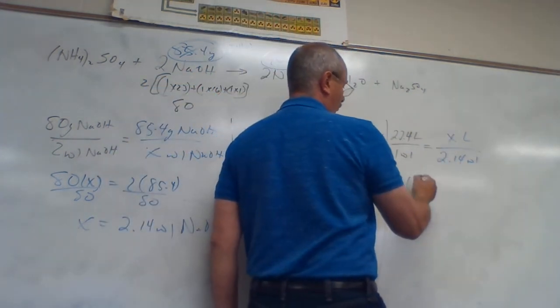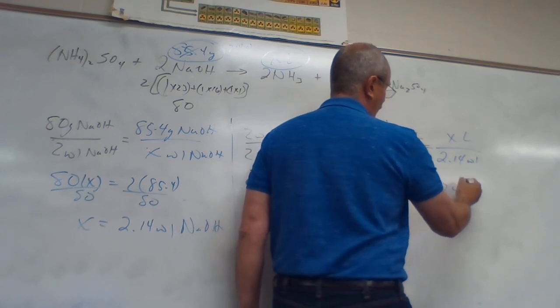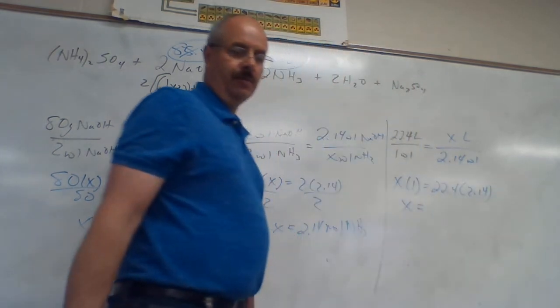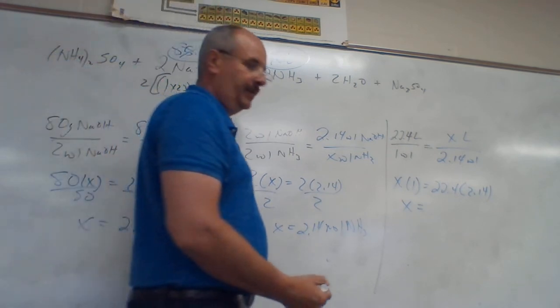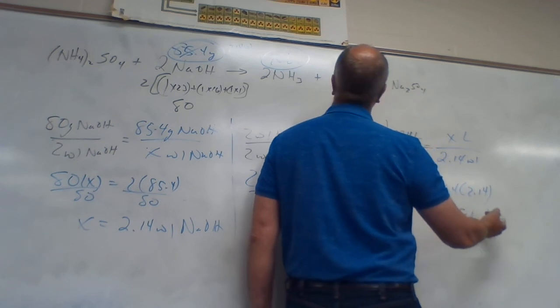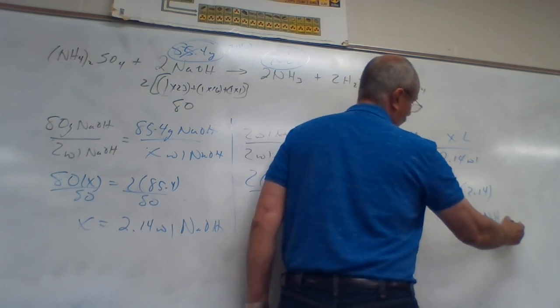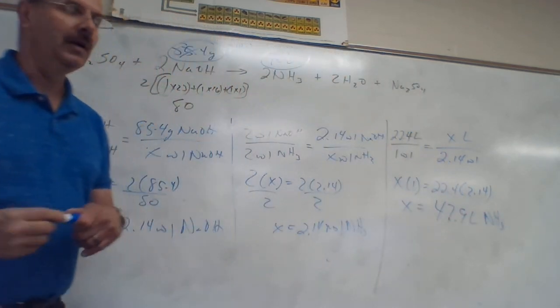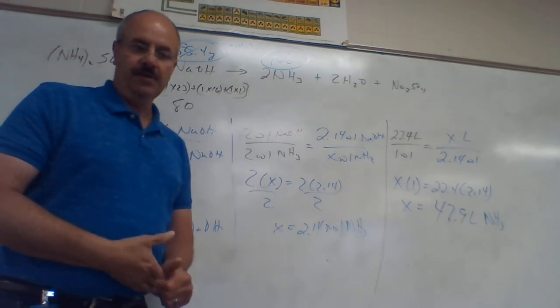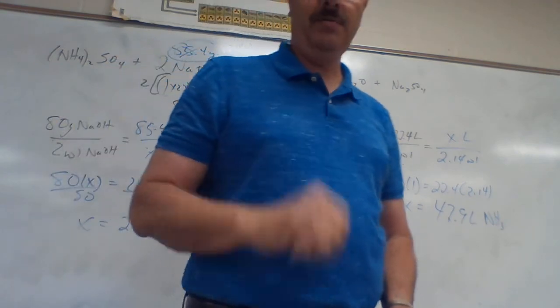X times 1 equals 22.4 times 2.14. And X equals, once you multiply that out, 47.9. And that's liters of NH3. And that was what they ultimately wanted, liters of NH3. All right, we're going to stop there, and we're going to go to part number 3 next.